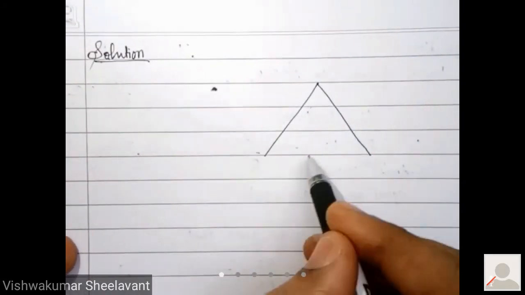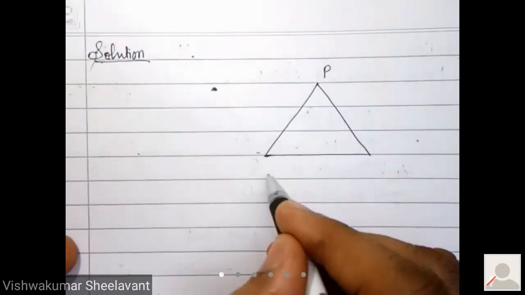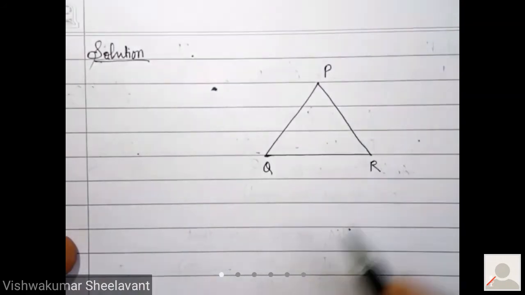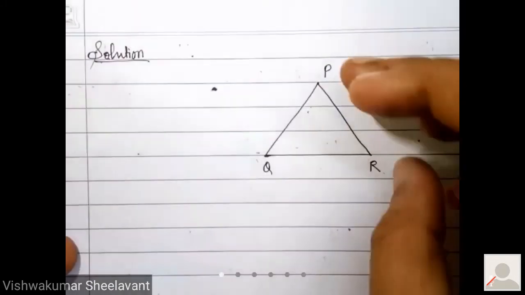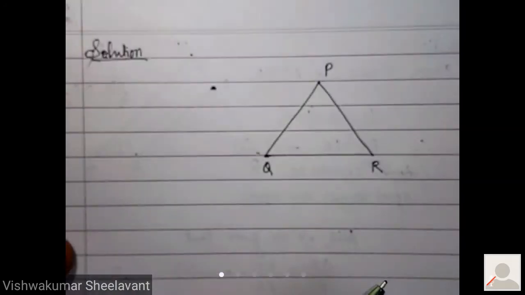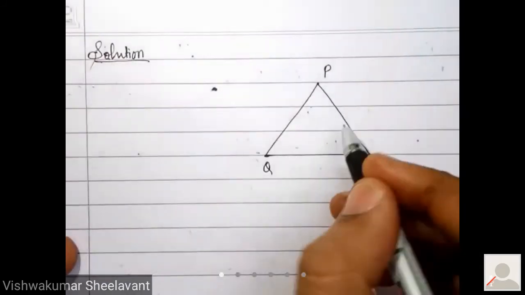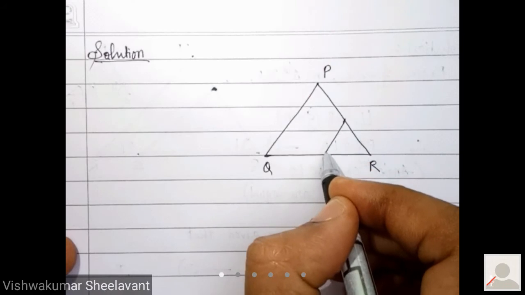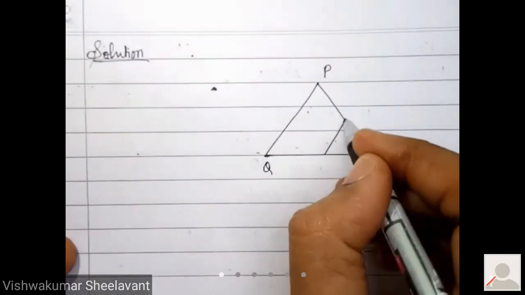Let us say like this. S and T are points on sides PR and QR such that angle P is equal to angle RTS. So here we'll show 2 points.